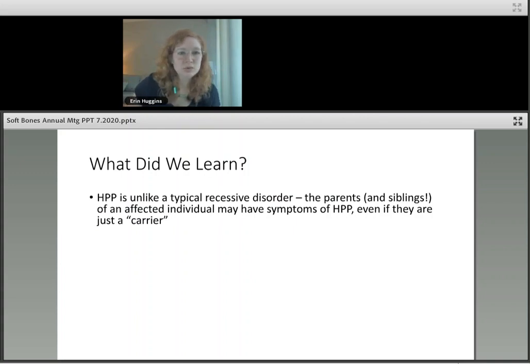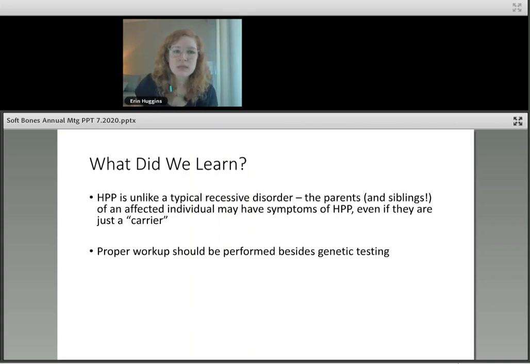So when you as parents are told you're carriers, or your child is affected and you're told their siblings are carriers, that's not the kind of typical definition we associate with a carrier. You simply think, oh, I'm just a carrier, I don't have symptoms. But in HPP, it's possible that you're a carrier who has a dominant form of the disease, and you've just got that one mutation, but we later find out it's causing these symptoms, especially since we know that they can appear later on in life.